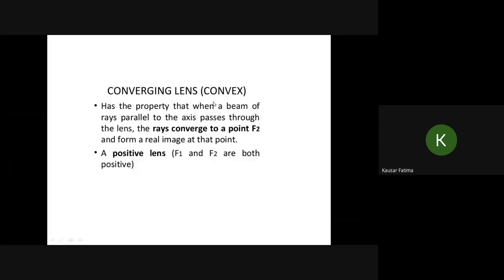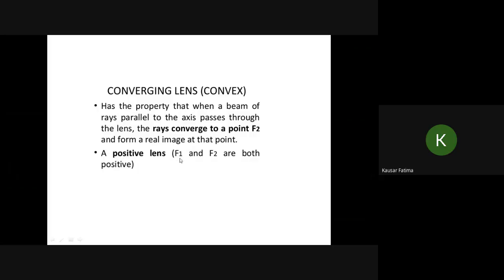A lens can be converging or diverging. A converging lens is also known as a convex lens, and a diverging lens is also known as a concave lens. A converging lens has the property that when a beam of light rays parallel to the axis passes through the lens, the rays converge to a point f2 and form a real image at that point.